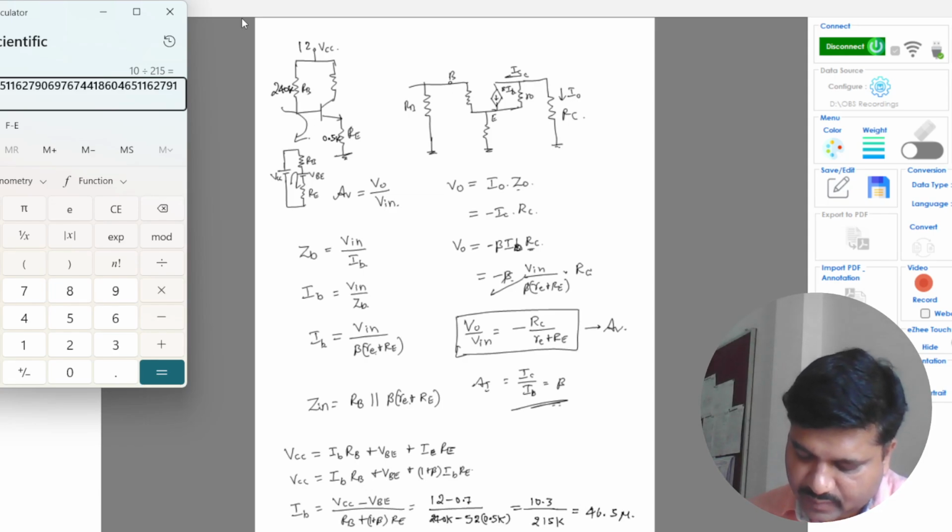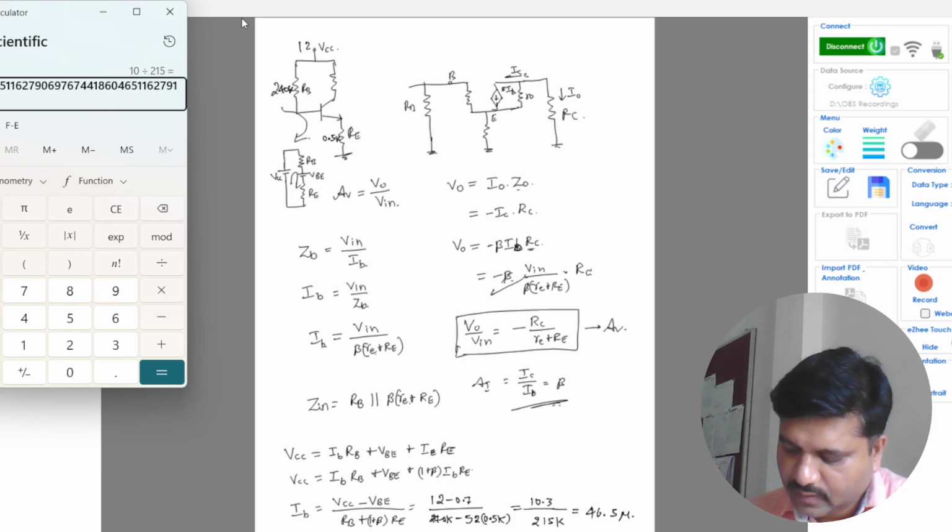So it will be the same. So IC will be beta times IB, which is approximately 2.4 milli. So your small re will be the same, that is 26 milli by 2.4 milli, which is 10.8.